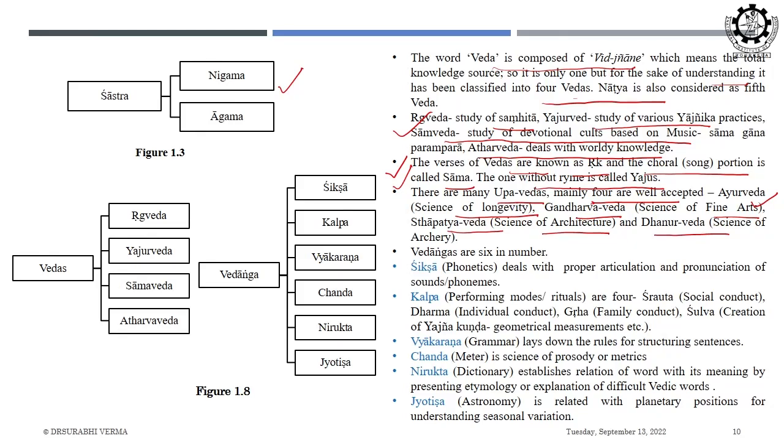Ayurveda, Gandharva-veda, Sthāpatya-veda, and Dhanur-veda are the 4 well accepted Upa-vedas.